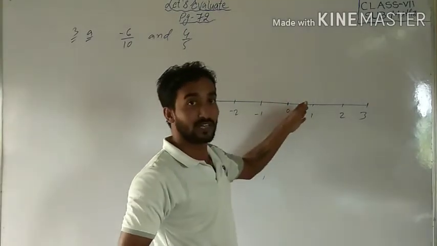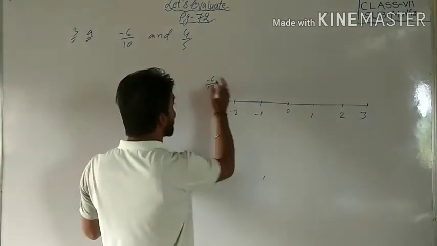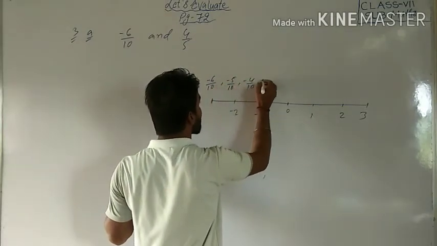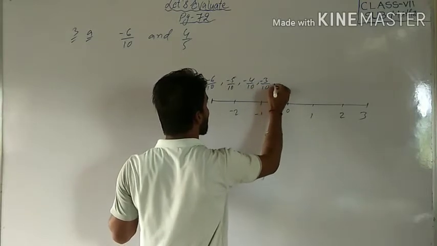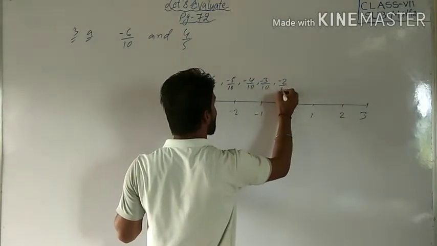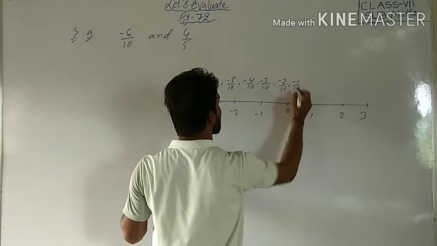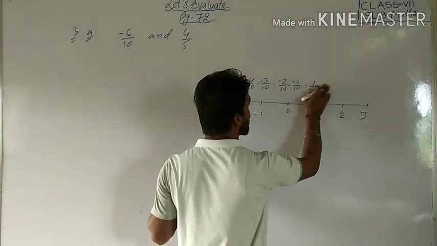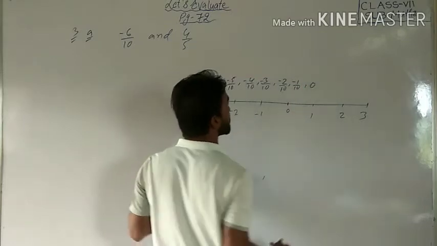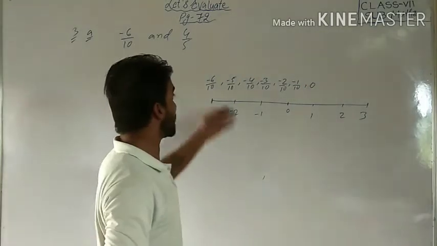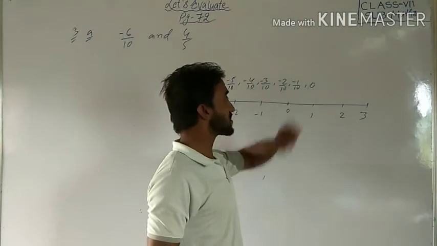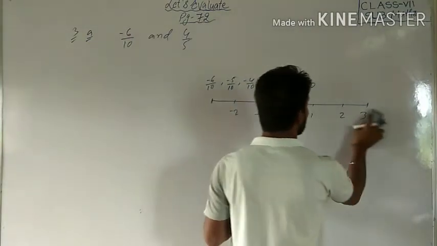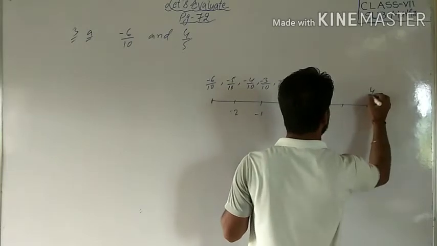So there will be minus 5 by 10, minus 4 by 10, minus 3 by 10, minus 2 by 10, minus 1 by 10, then 0, then 1, 2, 3, 4, 5, 6. Are you getting my point? And the question also says 4 by 5, which is supposed to be here.